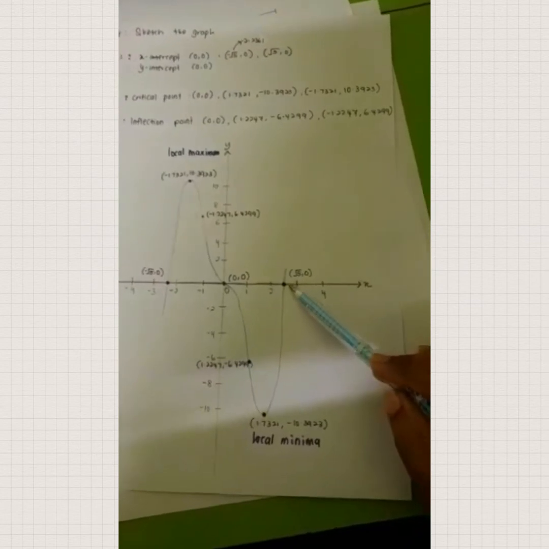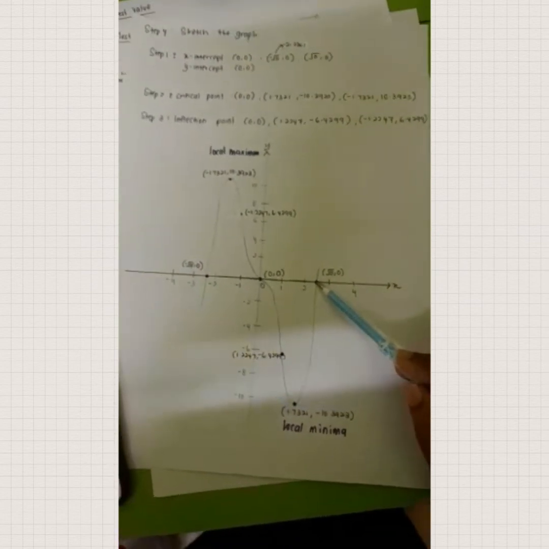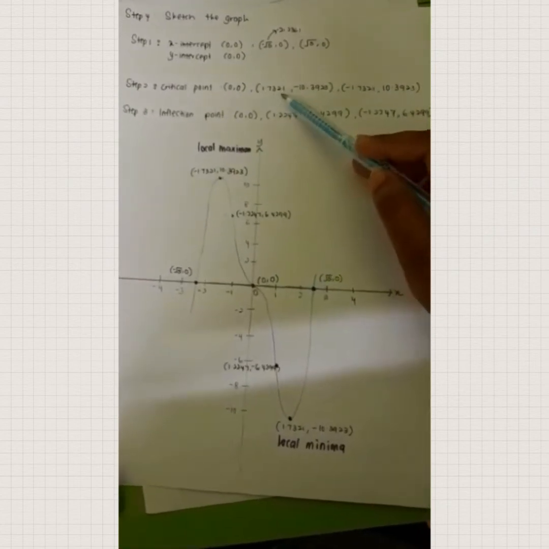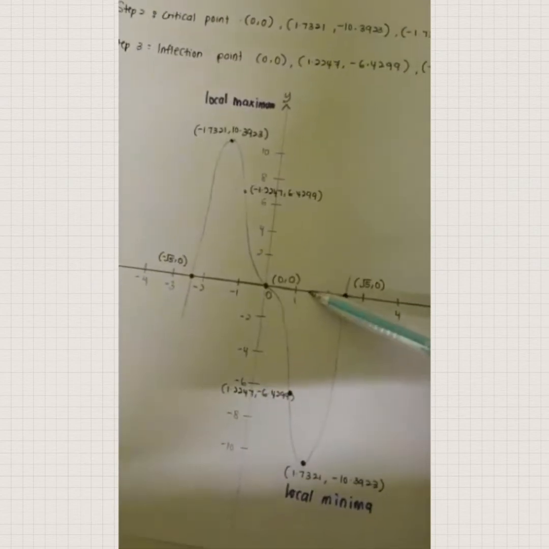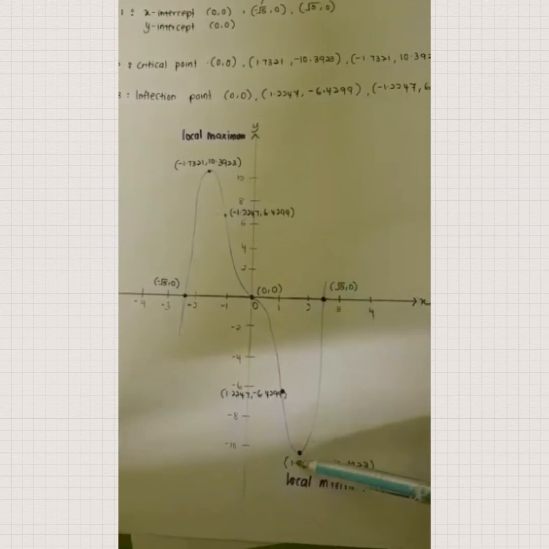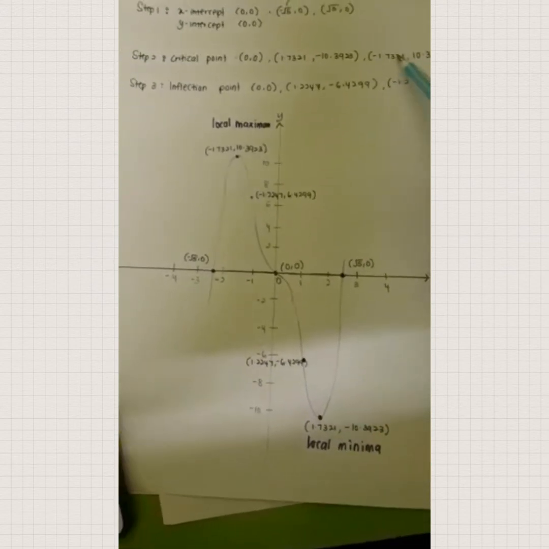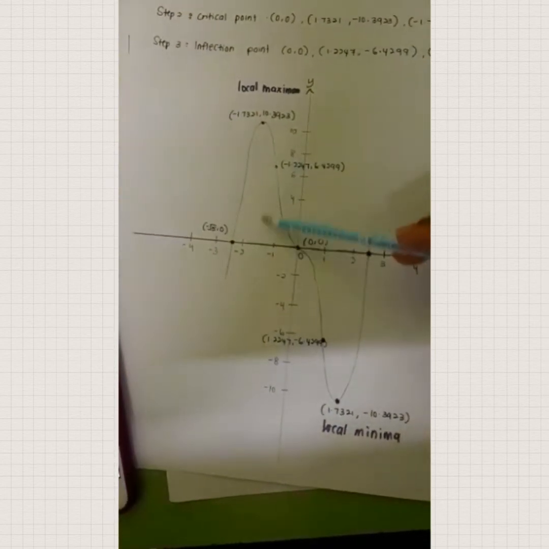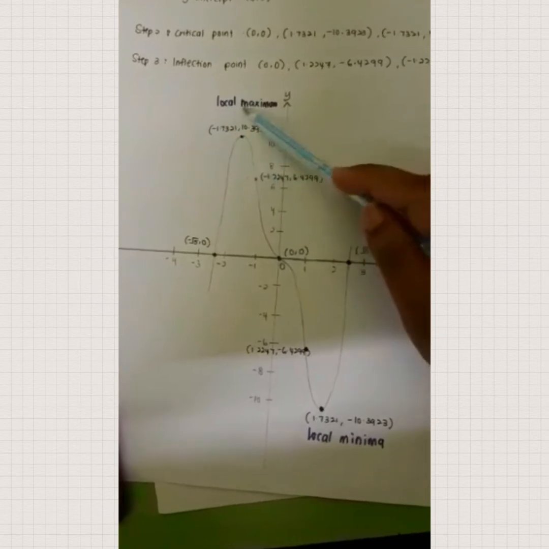Then 0, 0 again, then positive 1.7321, negative 10.3923, so here is the point. And negative 1.7321 somewhere here, and positive 10.3923. Here is the plot.